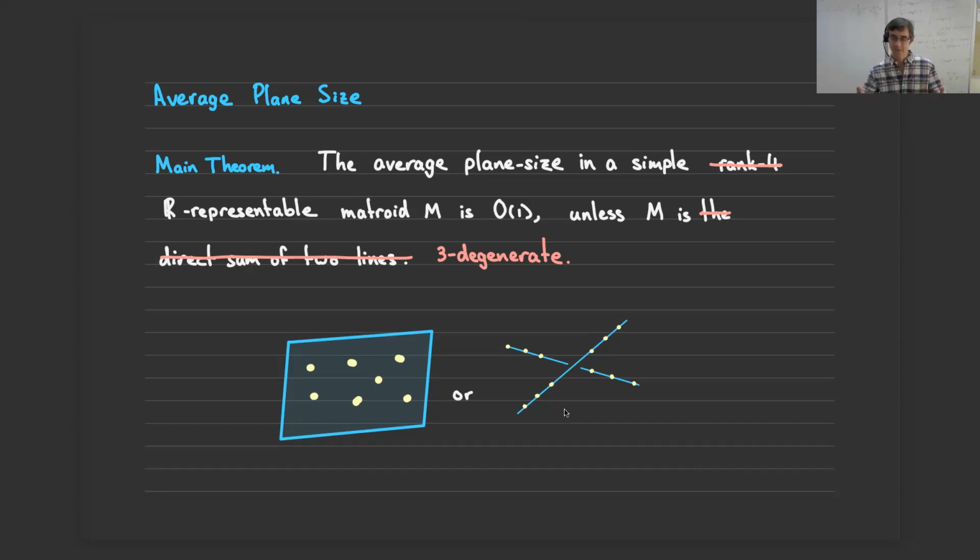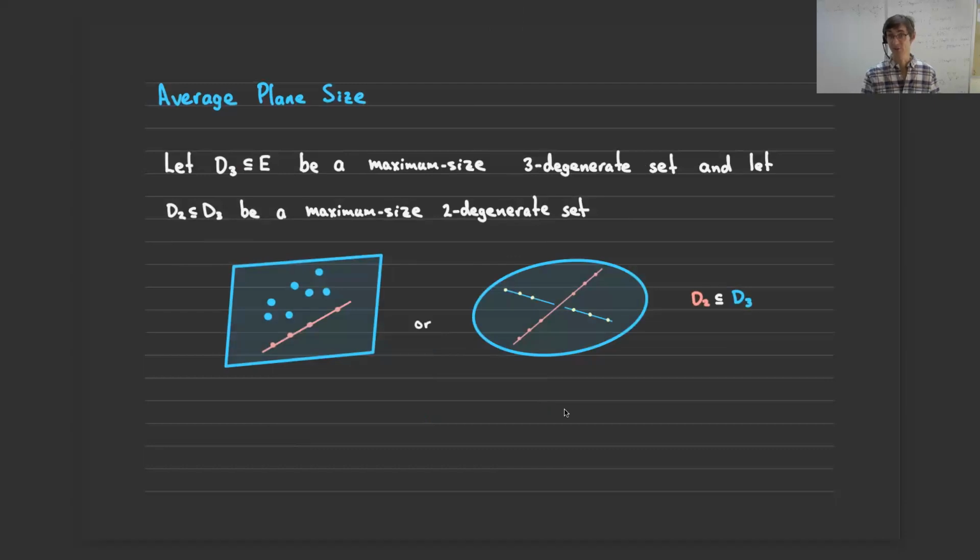And what happened in Beck's theorem is you took the longest line, so you took the largest 2 degenerate set. What we're going to do is something slightly more intricate. We're going to take the largest 3 degenerate set, so that's either a plane or a pair of skew lines. And inside that set, we're going to find the largest 2 degenerate set, which is essentially a line. So I take the largest 3 degenerate set in my matroid, and within that, I take the largest 2 degenerate set.